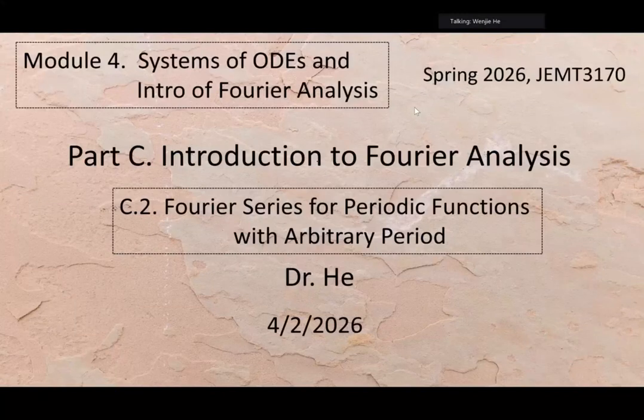Let me see how much time. Probably I can do one slide. Fourier series for periodic functions with arbitrary period, not just 2 pi period. If we can only do 2 pi period, then it's too limited, so we want to extend it to arbitrary period. It's very easy.